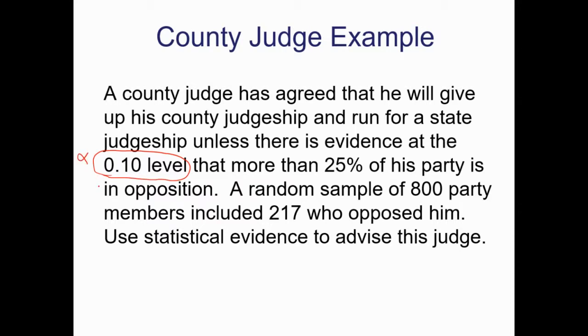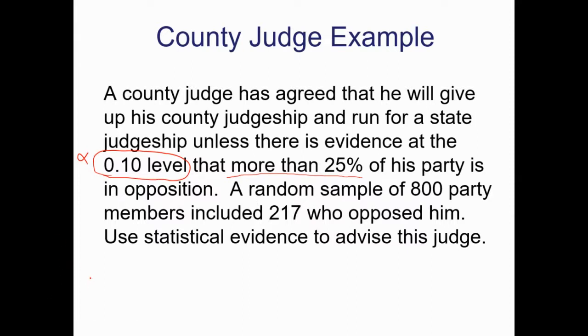That's our alpha. Okay. Then it says more than 25% in opposition. So this more than 25% would give us our what? Greater than 0.25. Which hypothesis would that be? That would be the alternative, good.